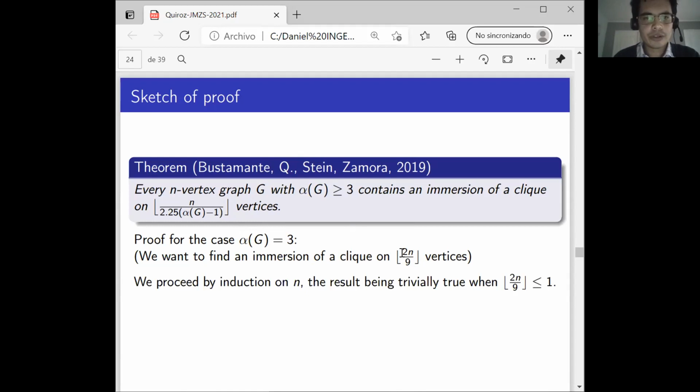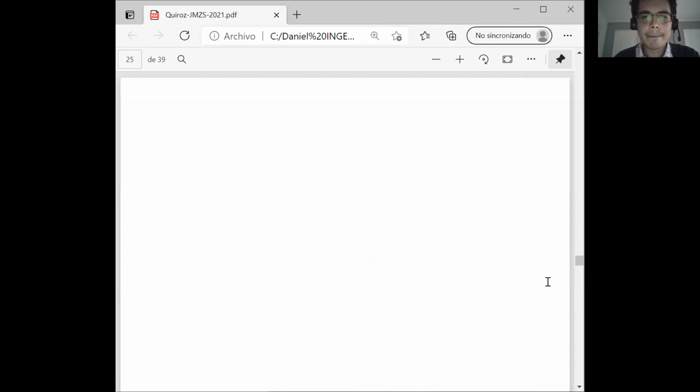Okay, so again, we're focusing only on alpha equals 3, and we're going to do induction on n. The result is trivial whenever the clique immersion we want is only a vertex.